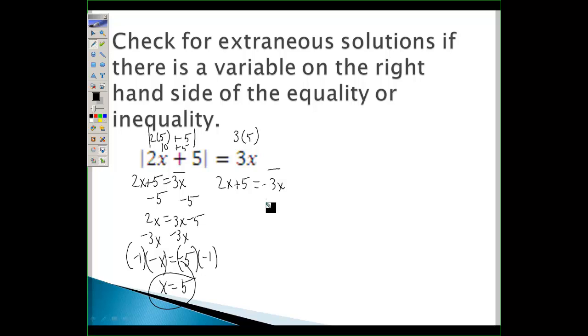Let's try the other side now. Get our x's on the same side. X equals -1. Let's make sure it works, because whenever there's a variable on the right-hand side of the equation, you might get an extraneous solution.